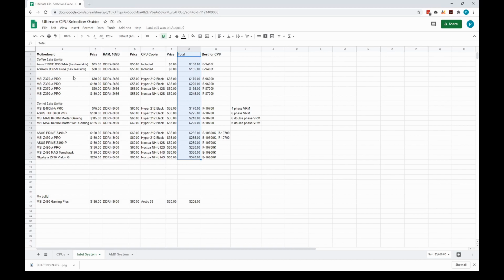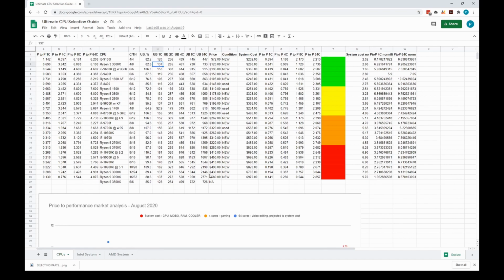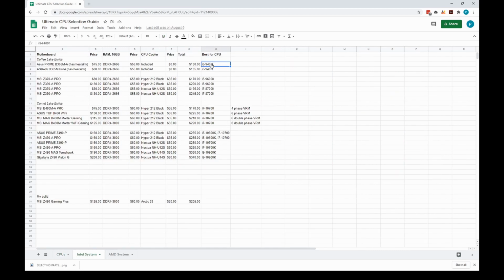This doesn't include the price of the CPU. The CPU price is in this other table, which I use to analyze the performance to price ratio, and here you can see the column for CPUs and their prices.